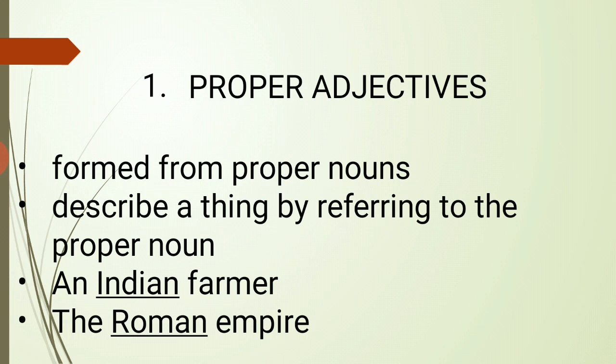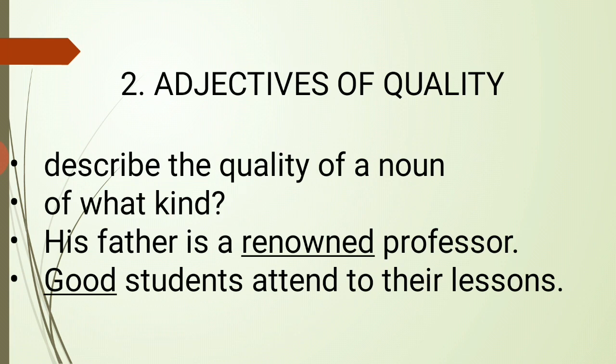The second kind of adjective is the adjectives of quality. The adjectives that show the kind, quality, color, shape, size of nouns and pronouns are called adjectives of quality. Or you can say that they are used to qualify or describe a person or a thing by pointing out its kind or quality.